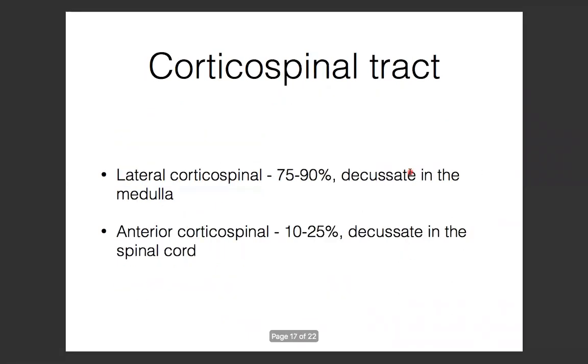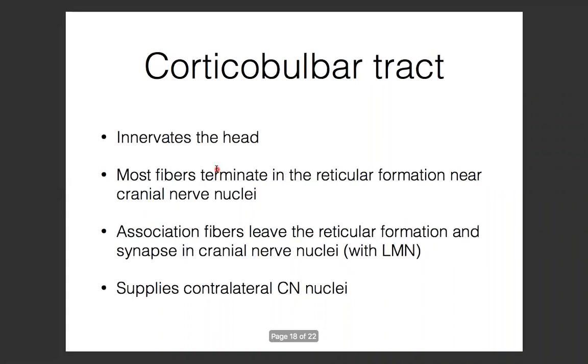I wrote the corticospinal in detail with the corticobulbar. Although I explained it already, let's go through them again. For the lateral corticospinal, we said 75% to 90% of it decussates in the medulla, while the anterior corticospinal decussates in the spinal cord. We said we don't work with it much; we focus mainly on the lateral corticospinal.